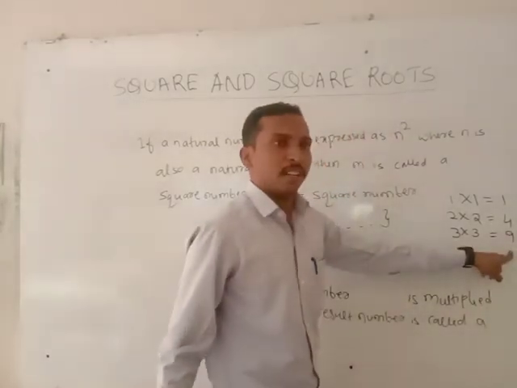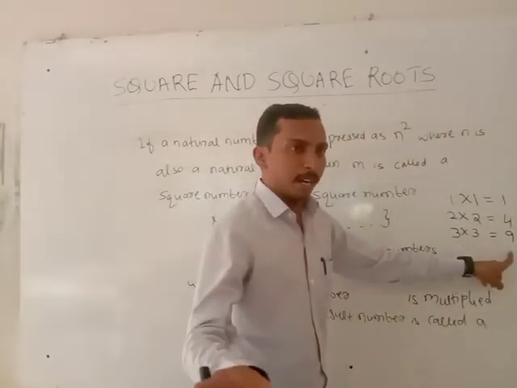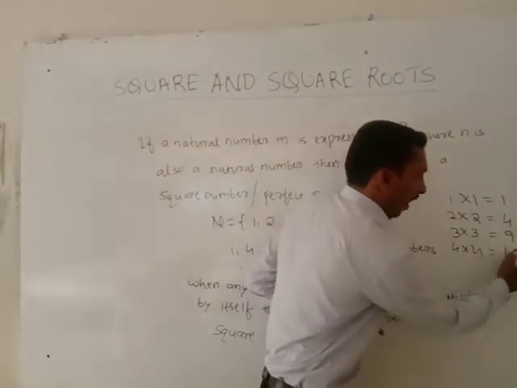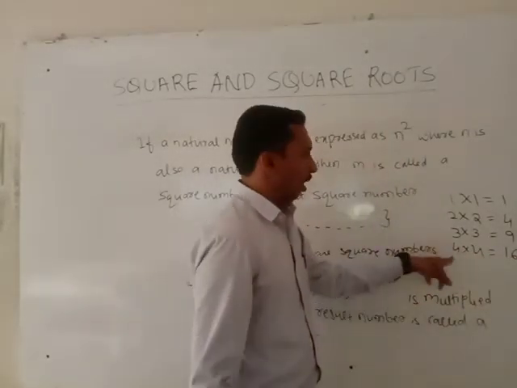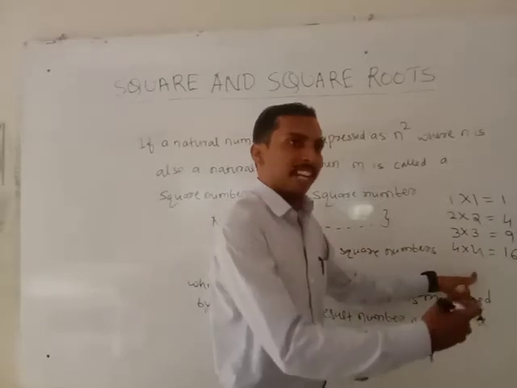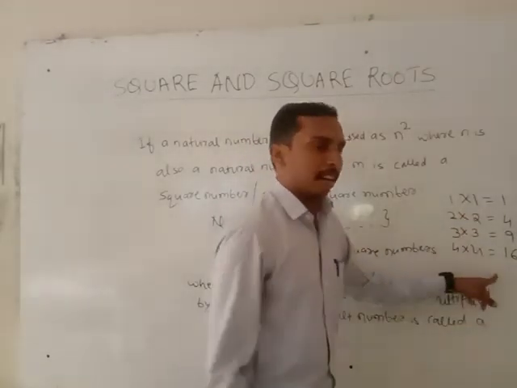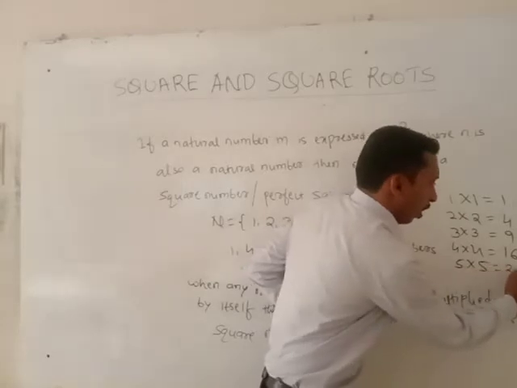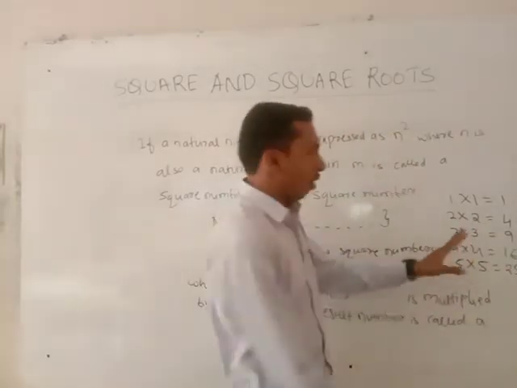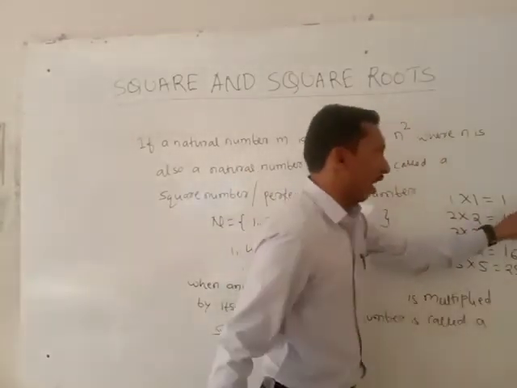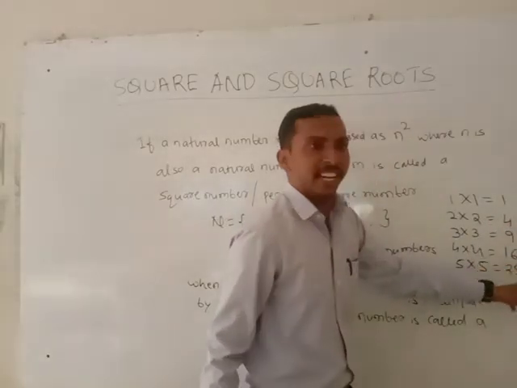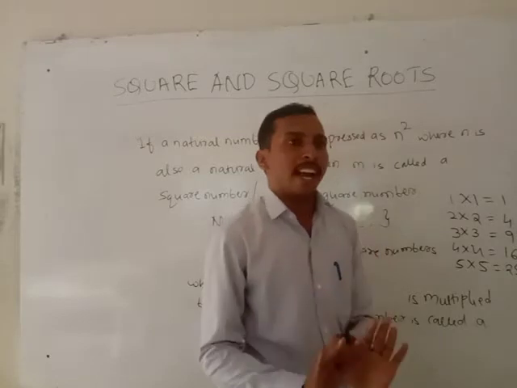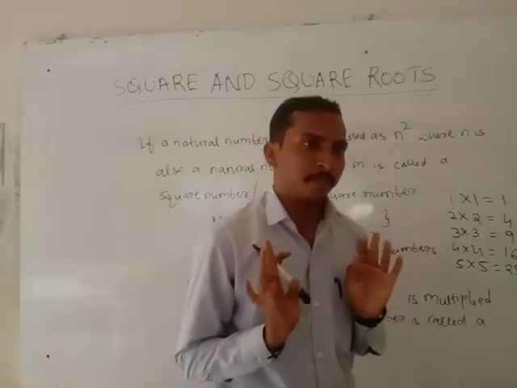So 9 is a square number. Again, 4 into 4 is 16. Again, 5 into 5 is 25. So now, these numbers 1, 4, 9, 16, 25 are known as square numbers.